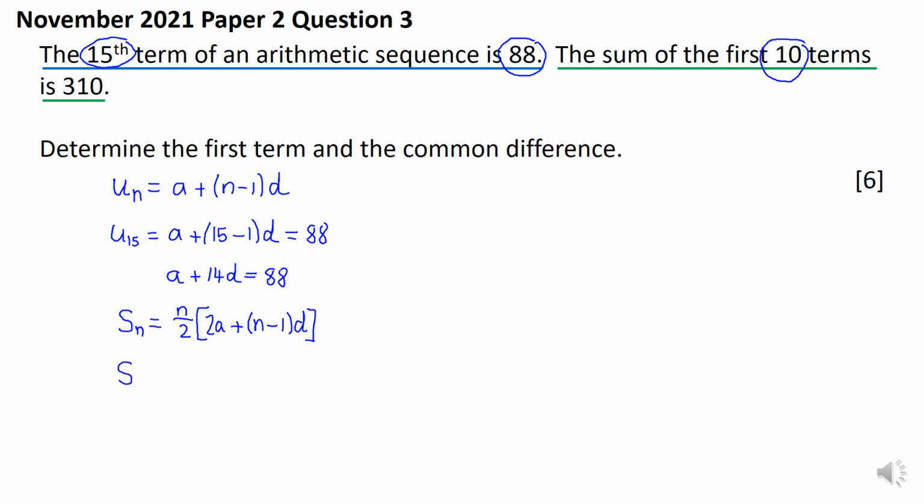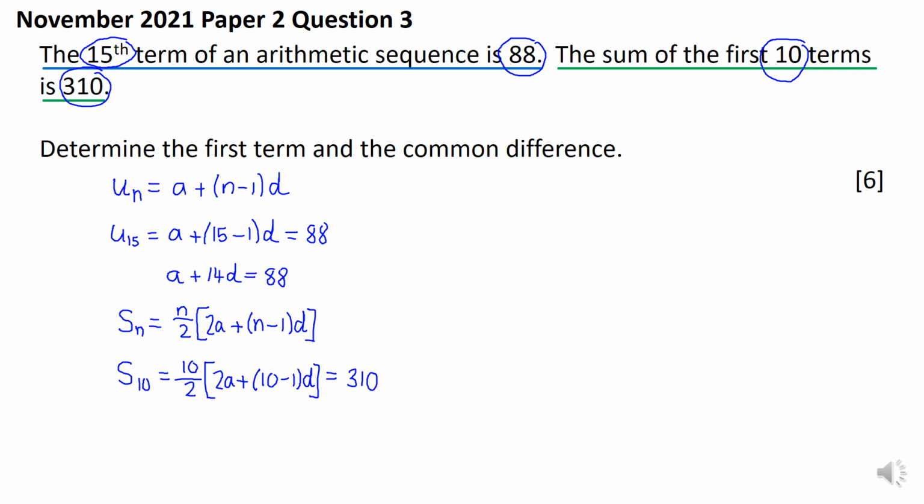So we write S10 is 10 over 2a plus 10 minus 1 times d. And we're told that the sum is 310, so we put 310 on the right.